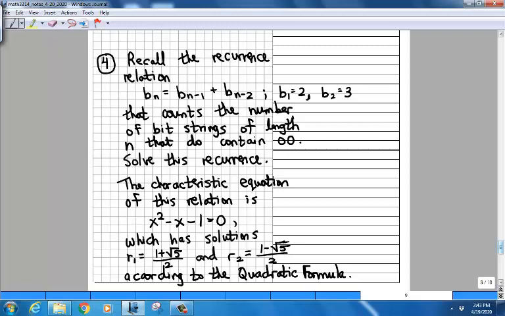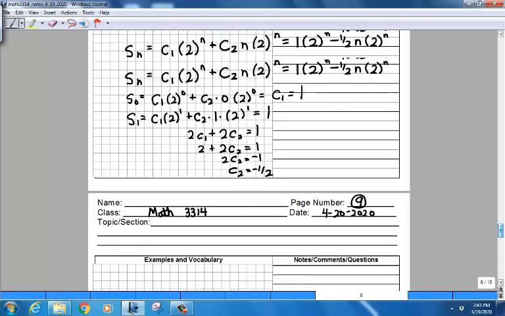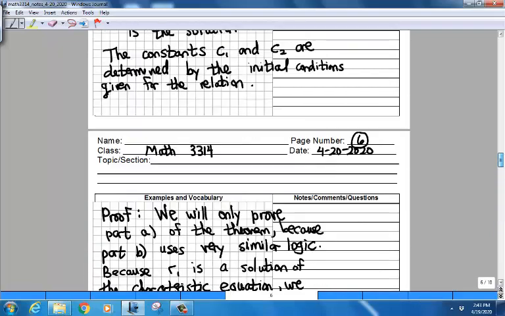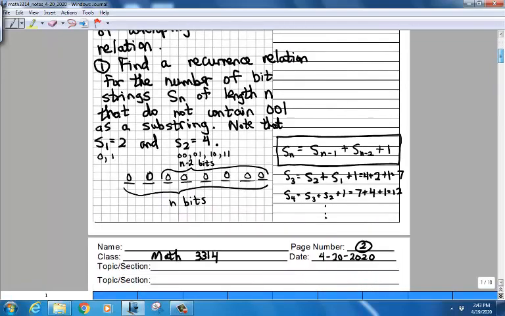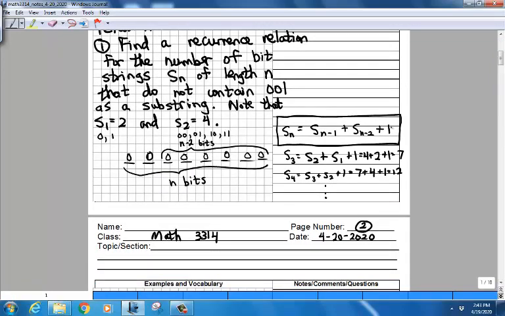Now, if we think all the way back to the beginning of the lecture, which seems a long time ago now, remember the recurrence relation that we developed for counting the number of bit strings of length n that do not contain 0, 0, 1. Here is that recurrence relation.